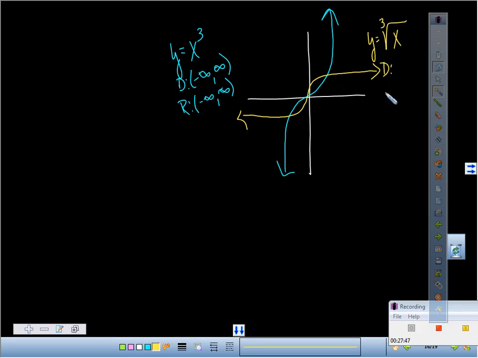Now, let's talk about his domain. Does he have any restrictions? It has an x under a radical. Why does it not have any? I'm looking at the picture and the picture says it's from negative infinity.